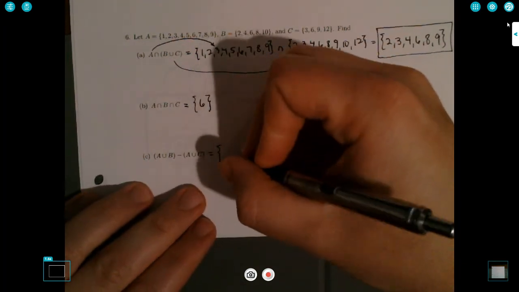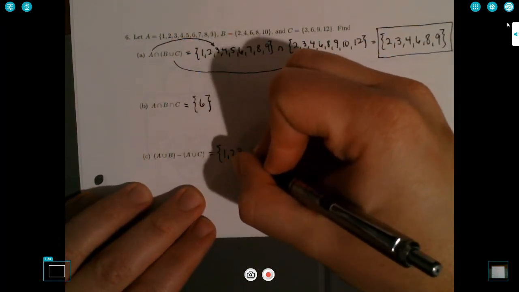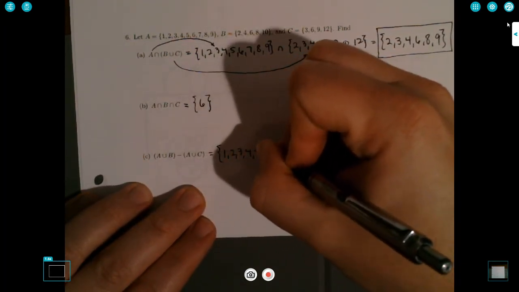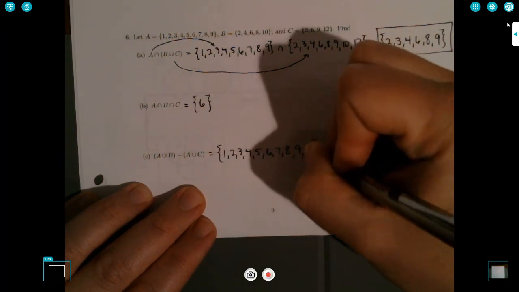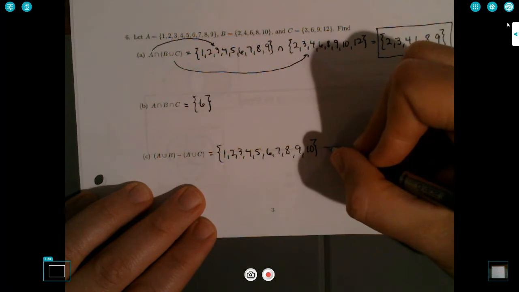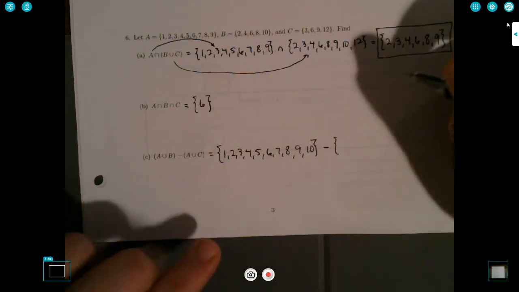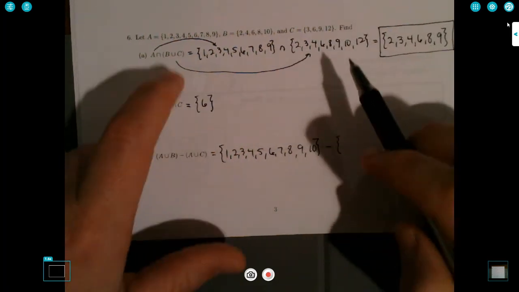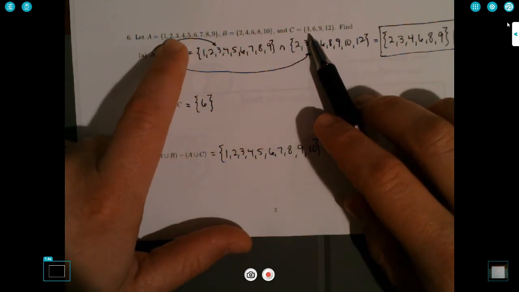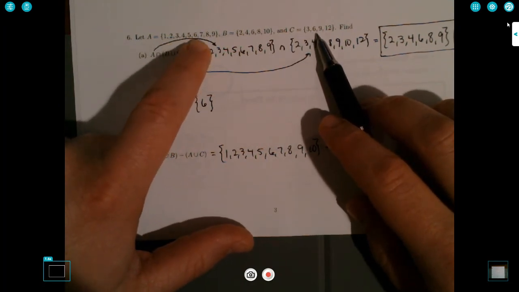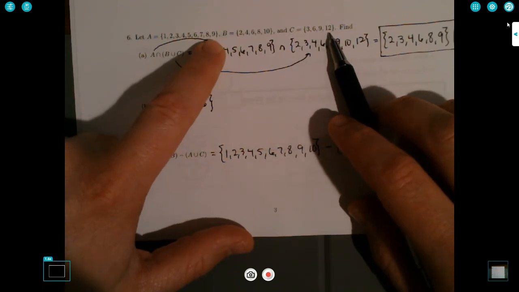So it's going to be 1 to 10. And then I have to do set difference with A union C. A union C, let's see, it's going to be 1, 2, 3, 4, 5, 6, 7, 8, 9, and 12.